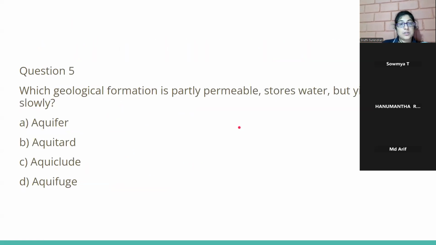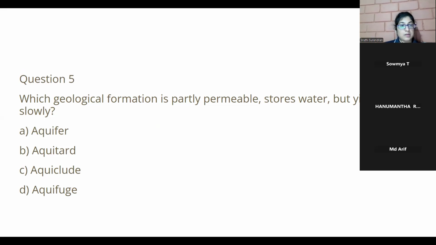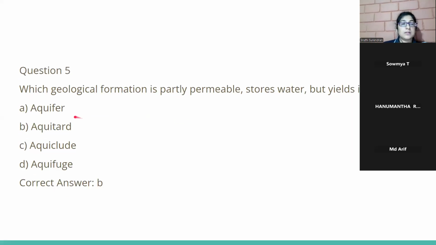Next, which geological formation is partly permeable? It can store water and yield water, but yielding is quite slow. The correct option is aquitard.